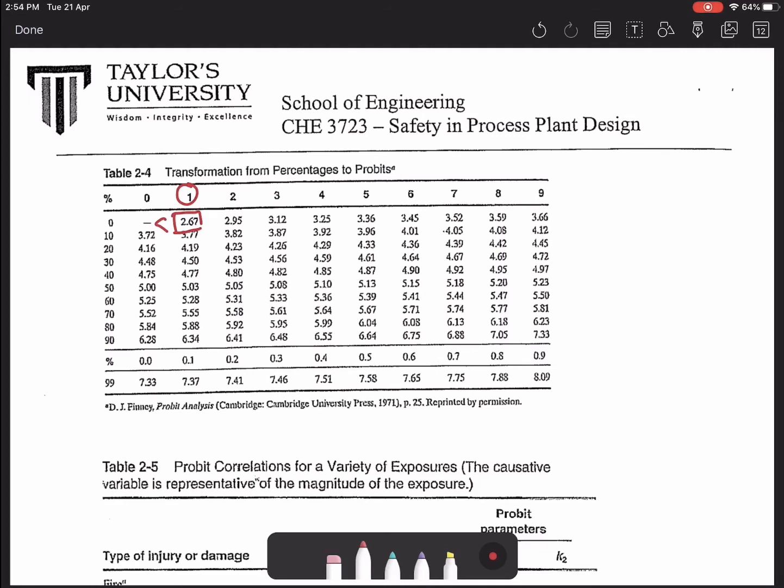In this case, if we want to talk about 0%, we look at 2.66, because if we look at 0, then you can't do any calculation, because for anything between 0 and 2.66, the result will be 0% fatality. So we get the highest value, which in this case is 2.66.